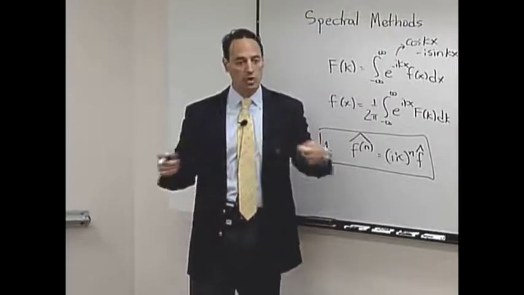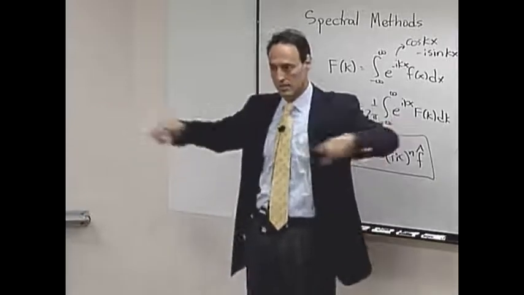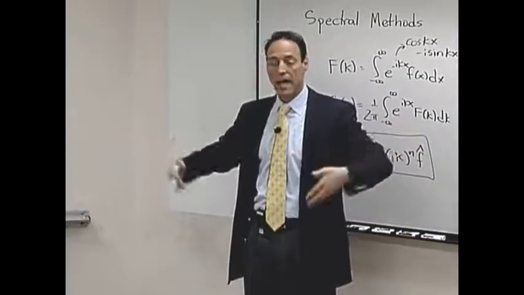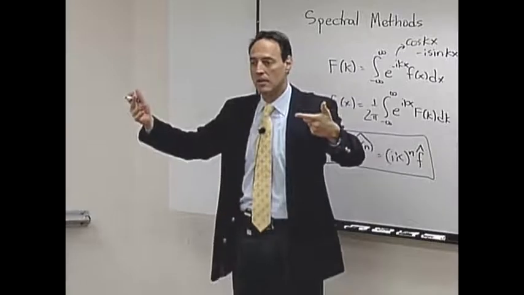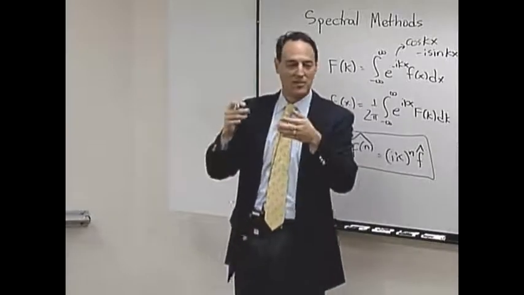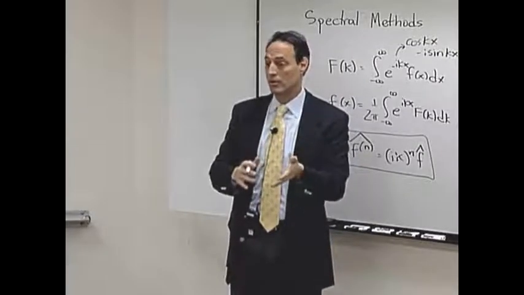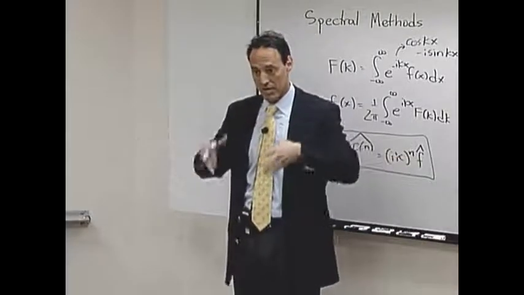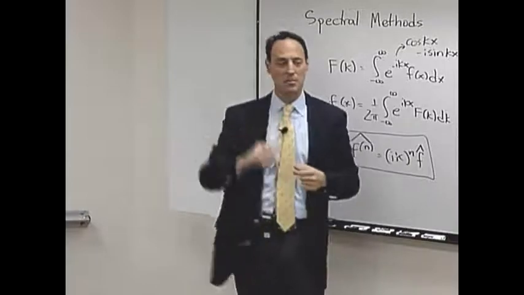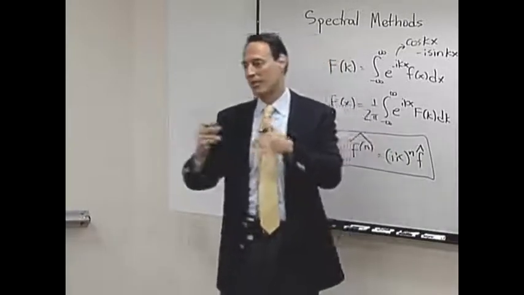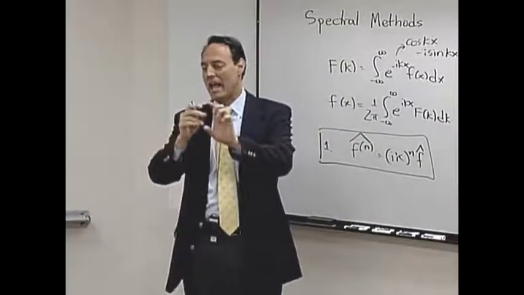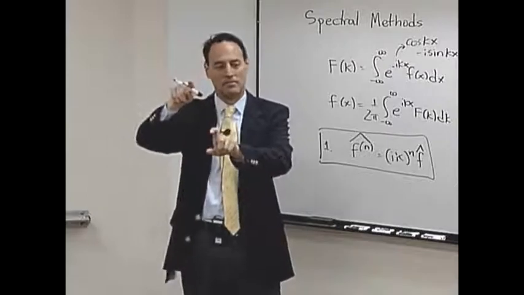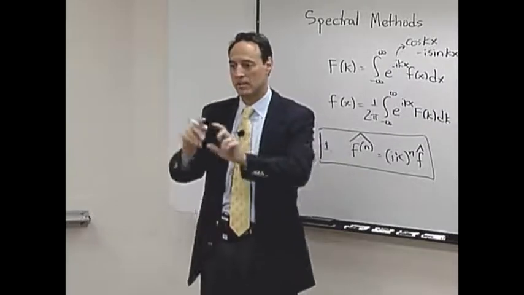When you're working with these global functions to define derivatives, your accuracy is beyond any algebraic order. When we do a finite difference, and you take this point and use my neighbors to calculate a derivative, you have a scheme that's order delta x squared, or order delta x fourth, some delta x to some power, depending on how many neighbors I pick.